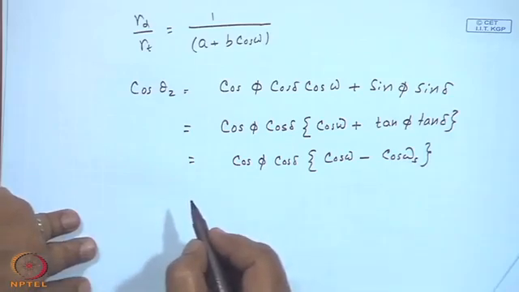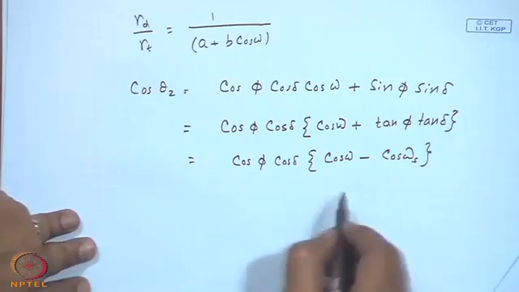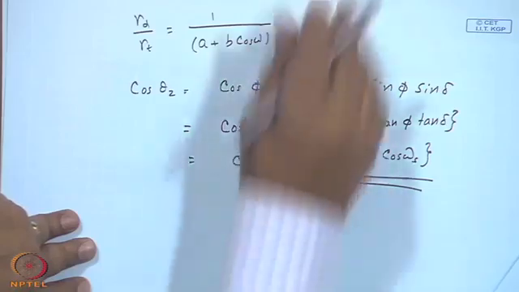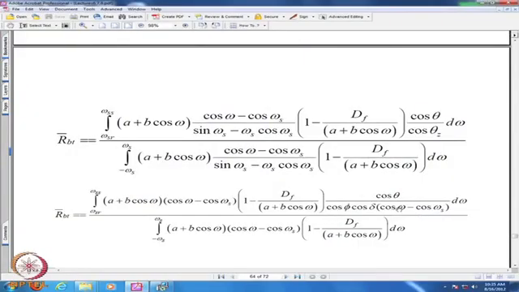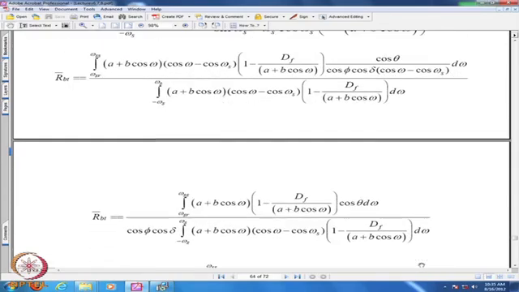Just if you take out cos phi cos delta common, this is the term which gives you the fortuitous simplification, it gets cancelled with this cos omega minus cos omega s. So, now this starts shrinking, it becomes a smaller integral: a plus b cos omega into 1 minus d f by a plus b cos omega, into cos theta d omega, and this cos theta z, 1 by cos phi cos delta, comes to the denominator, but cos omega minus cos omega s is cancelled with this.